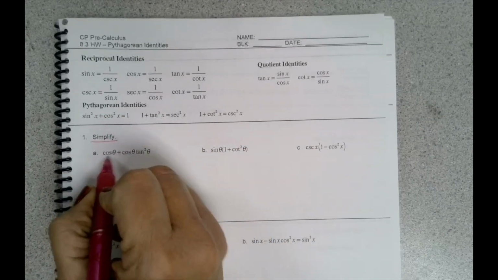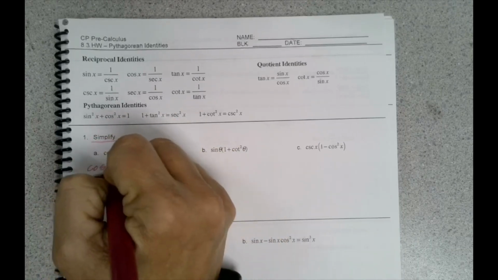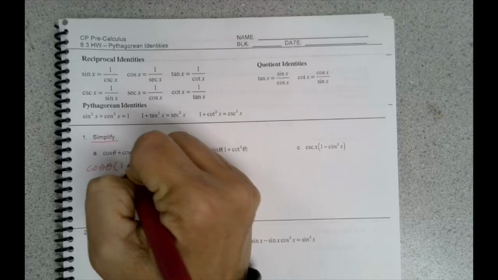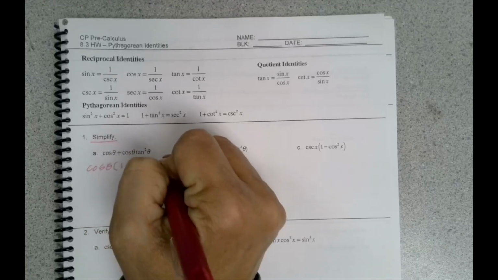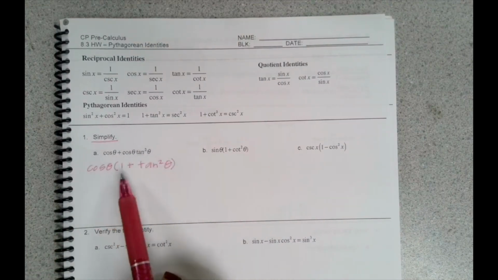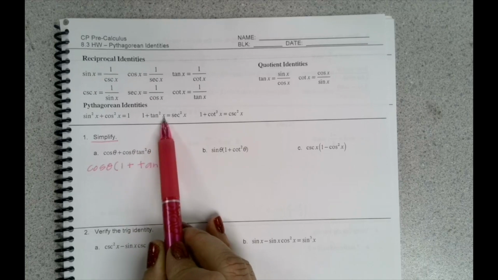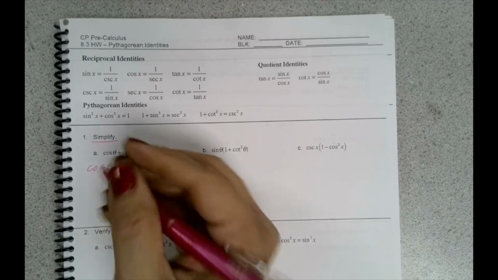What we do know in this first problem is that they both have a cosine, so we can reverse distribute, also known as factoring, and write it like that. And then I see a square, so I'm going to go up here and I notice that 1 plus tangent squared x is equivalent to secant squared x.